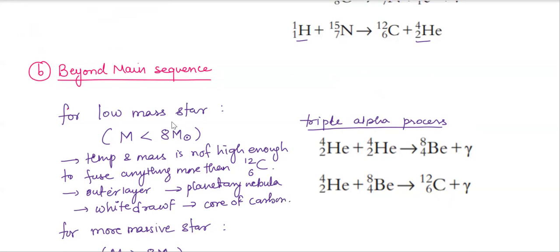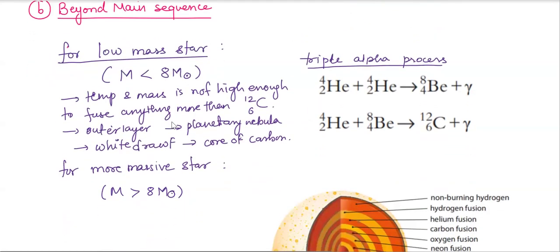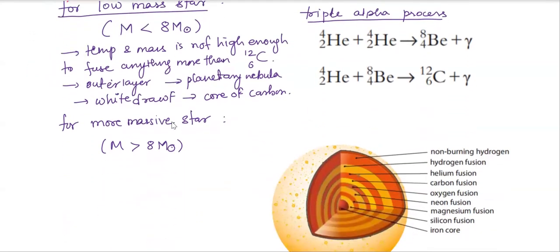So this is all about a low mass star, when the mass is less than 8 solar masses. This process is called the triple alpha process.